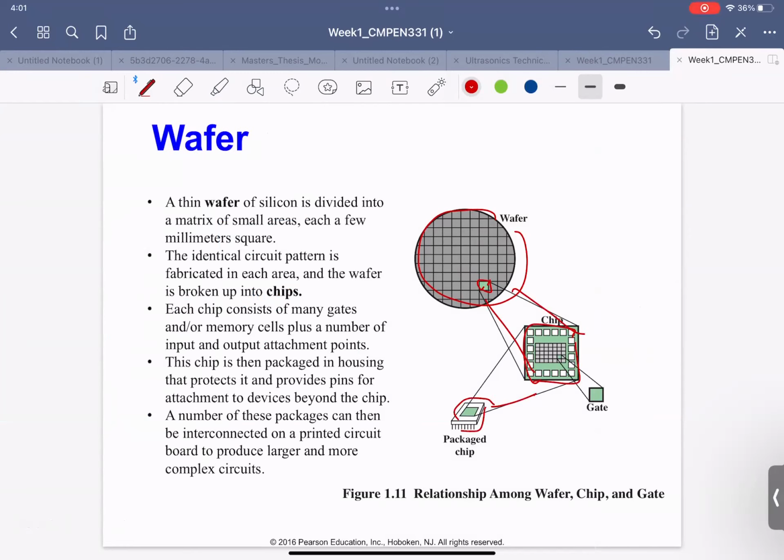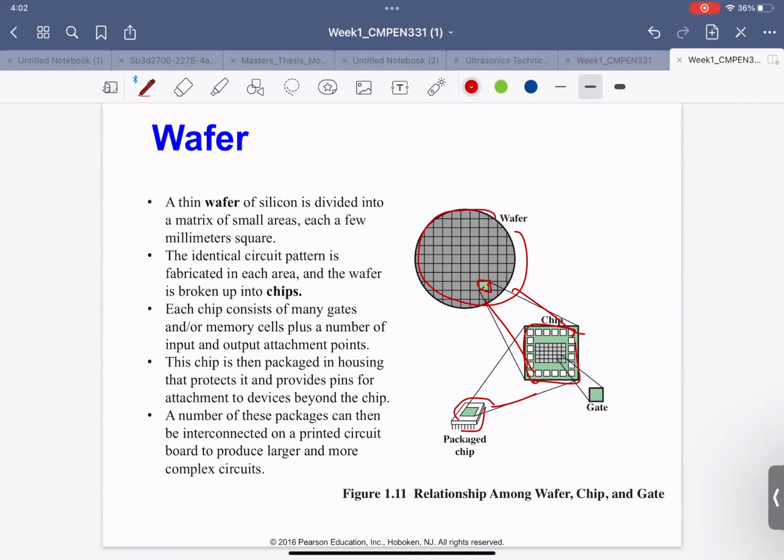For instance, as you can see, this needs a huge amount of work, and it needs high-end quality and performance in the manufacturing process to be able to create these things.